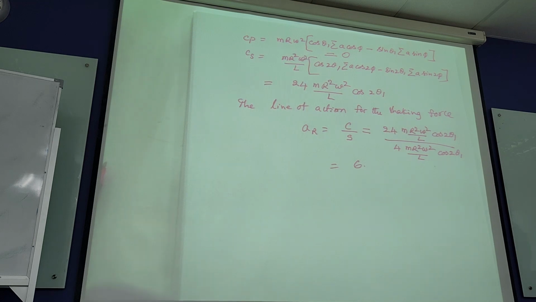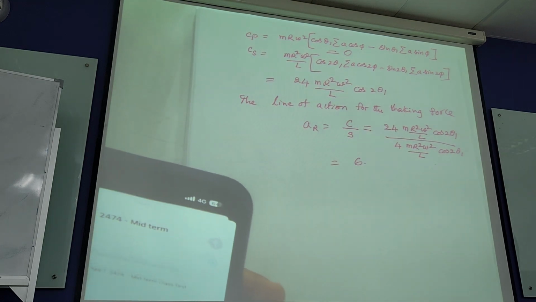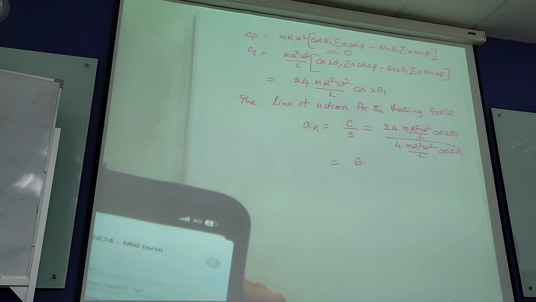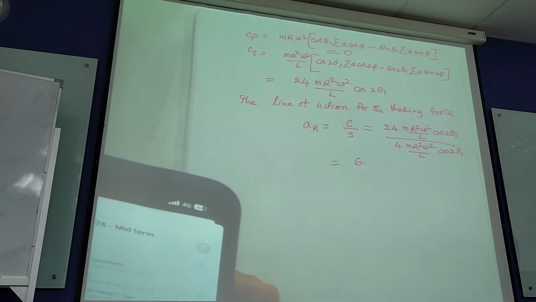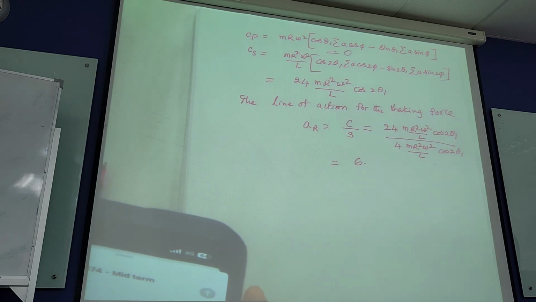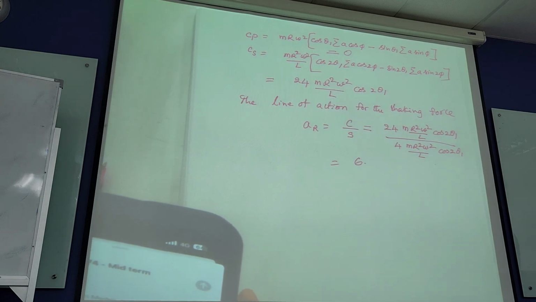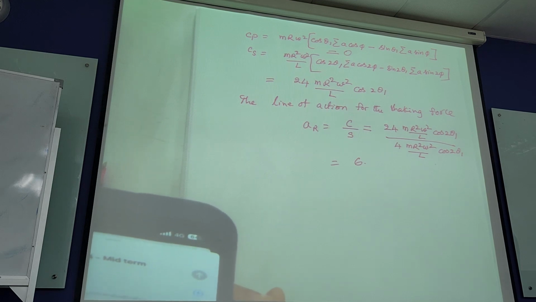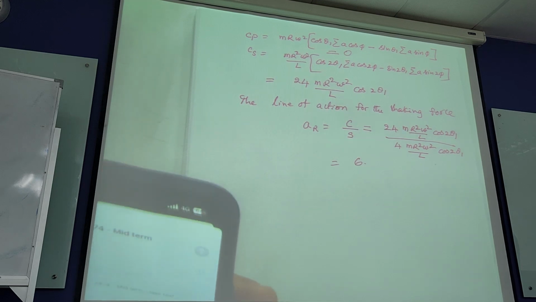What's your name? H3834812. Yes? H383 3, 4812. Yeah. students.rmit.edu.au.